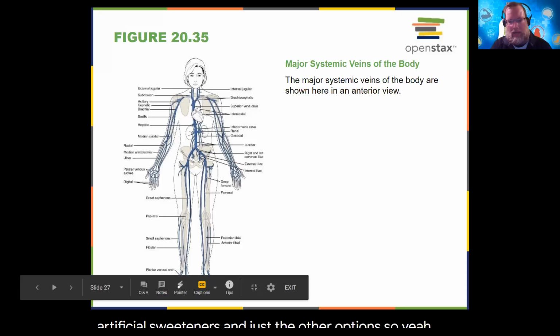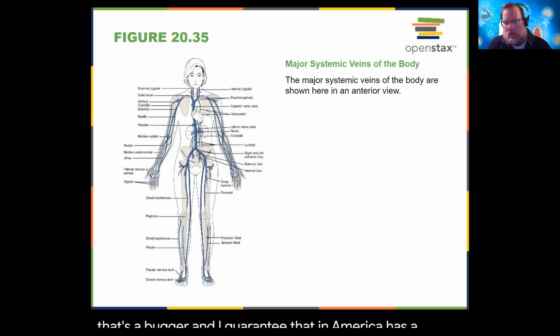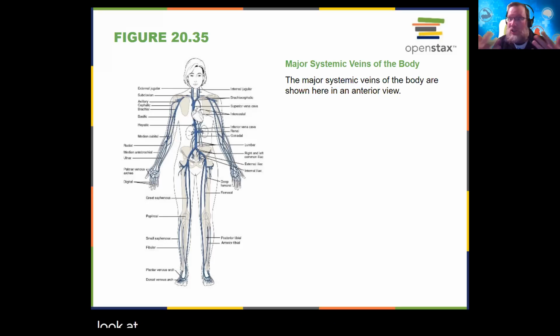I guarantee that America has more dependence on aspartame, and oddly enough has way more obesity and diabetes and heart disease than anywhere else, and now COVID cases than anywhere else in the world. So if you want to look at consumption and diet and nutrition and relate that to COVID, slam dunk too.